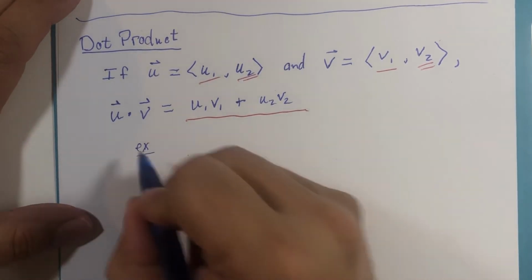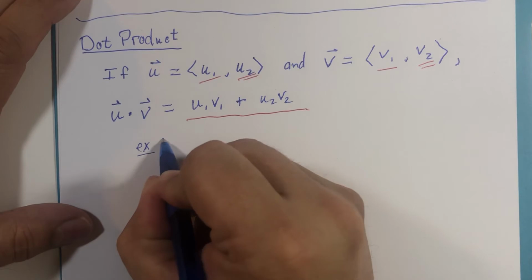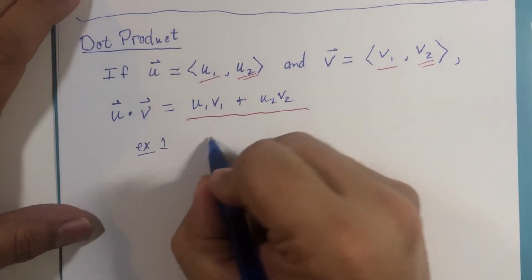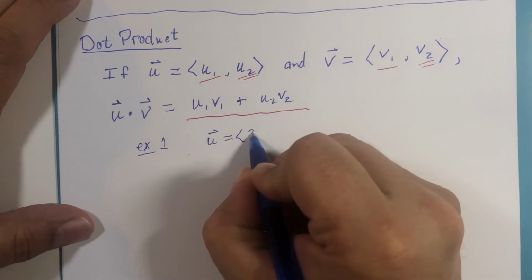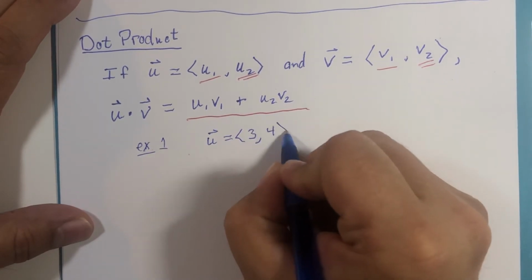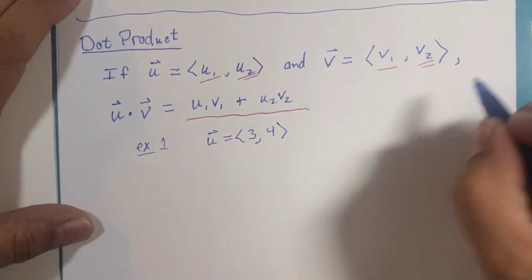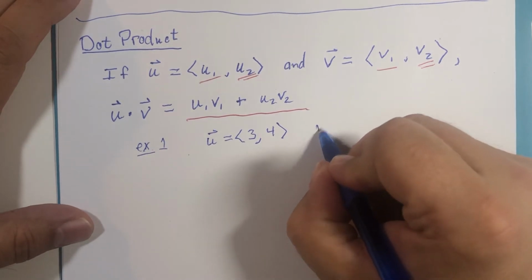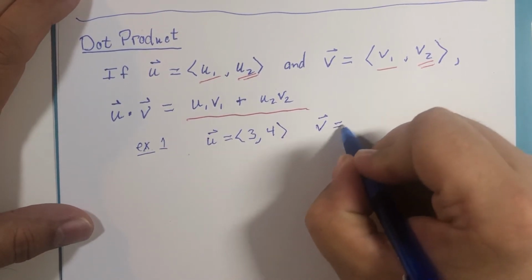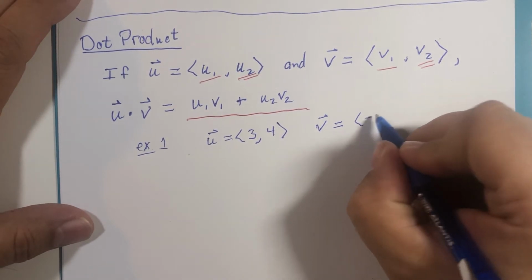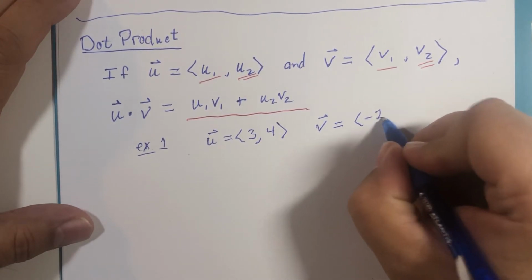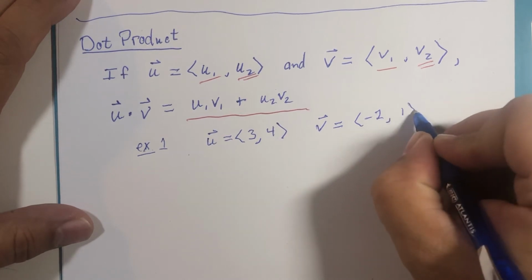So our example, first one that we're going to do, let's let the vector u be just the simple 3, 4, and the vector v equal to negative 2, 1.